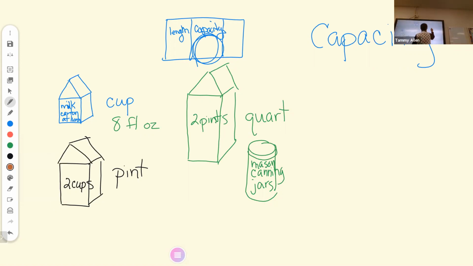And then we have the half gallon of milk. Okay. Okay. So, and it has 2 pints in it, right?